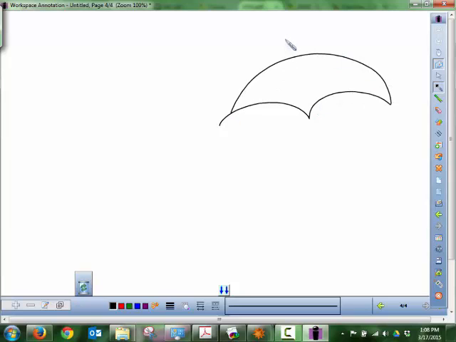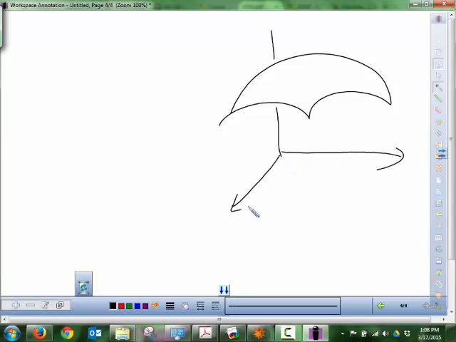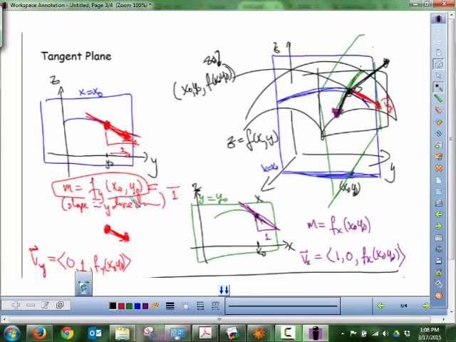We found vectors from the last one, going along the x and the y, and they're tangent to the surface, so they must be on the tangent plane. And if you have two vectors that are on the plane that you're looking for, you cross them, and then you have a point.